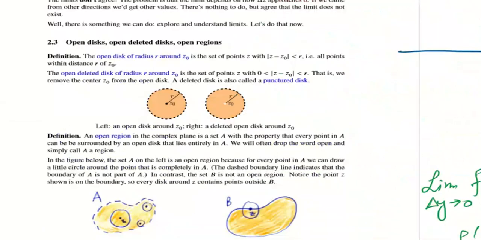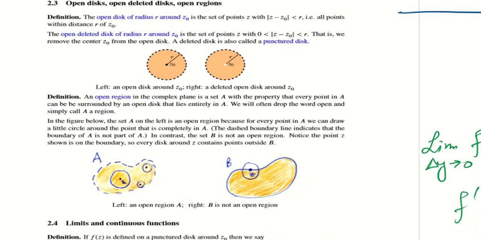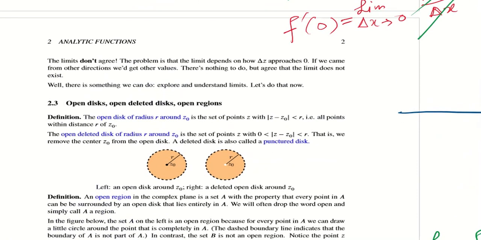These definitions you must remember by heart whenever we want to study complex functions. So the first definition is open disk. I introduced to you what we mean by a disk. I told you that if we are given an equation like x square plus y square is greater than a square or less than a square, then it defines a disk.